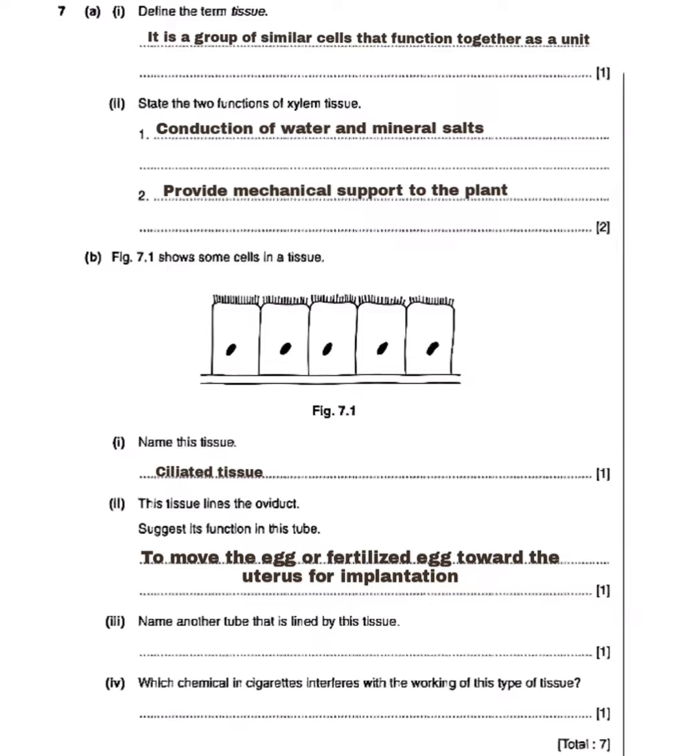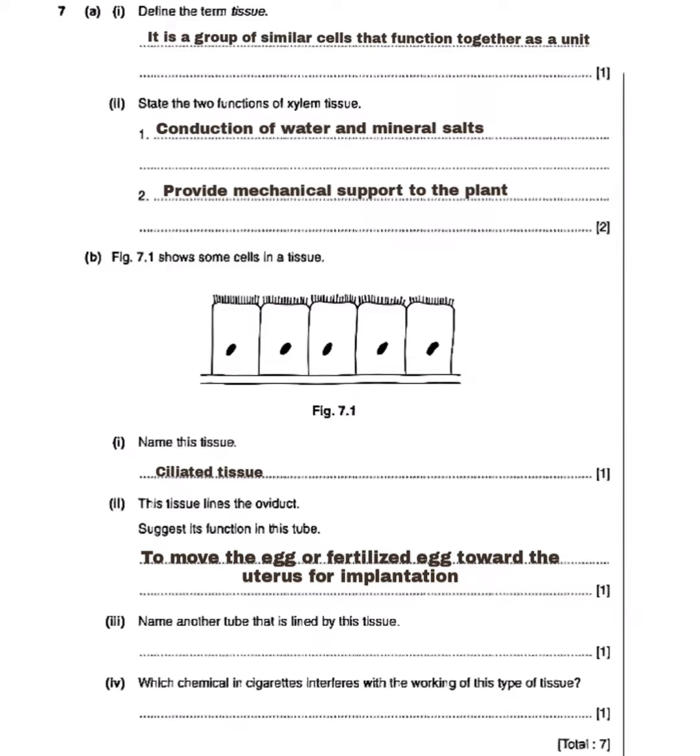Then Roman numeral number 3 is saying, name another tube that is lined by this tissue. We all know that these ciliated tissues are also found in the nasal cavity.